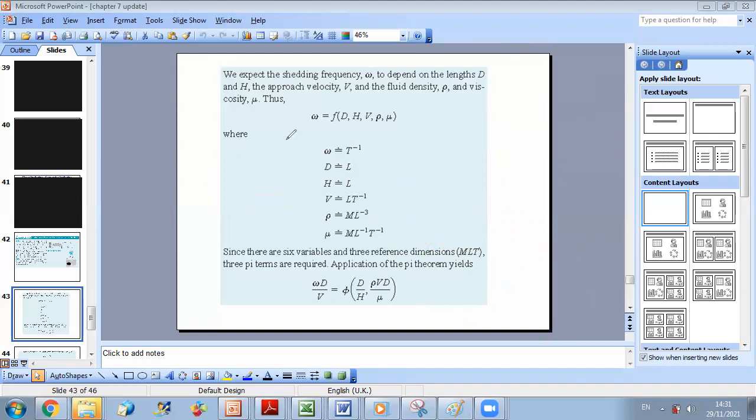Doctor? Yeah? If we want to make other combinations, in this exercise we use other independent variables and then combine them again? Exactly. You can, for example, say another possible choice, okay, is to select H, V and mu, for example.